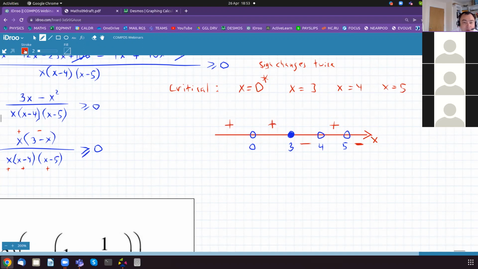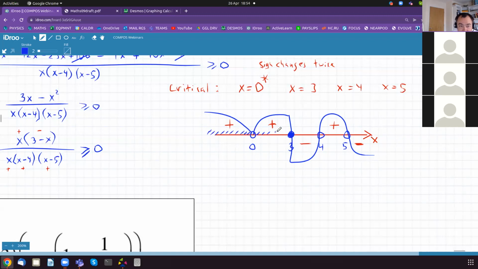And now we just draw the line, so negative, negative, positive, negative, square, positive, and positive again. And we are interested in the positive values.